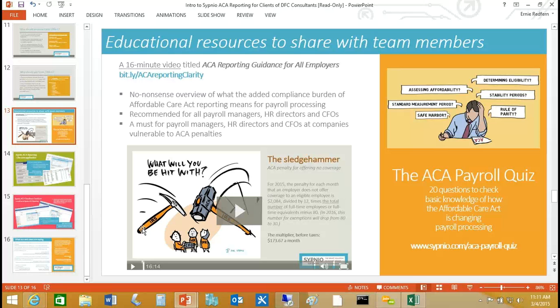It ends up being about $200 some odd a month per employee, but it's a much smaller, reduced set because it's only applicable to people who went on an exchange and got a subsidy. And that's why you break it off into two: accessibility, and then affordability. And there are two different penalties associated with that.